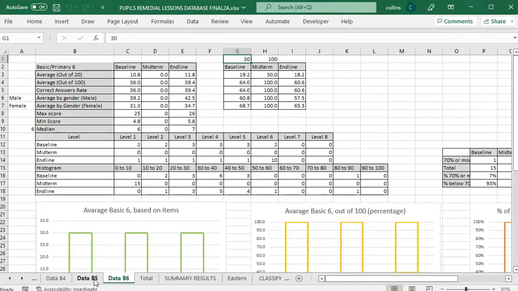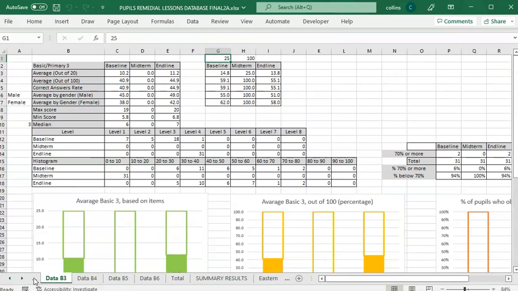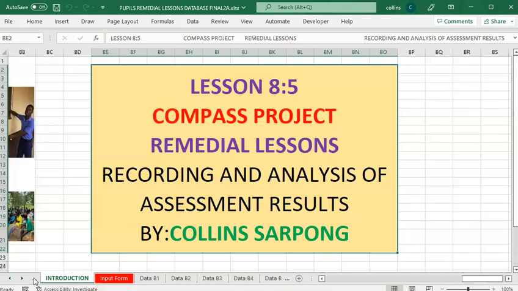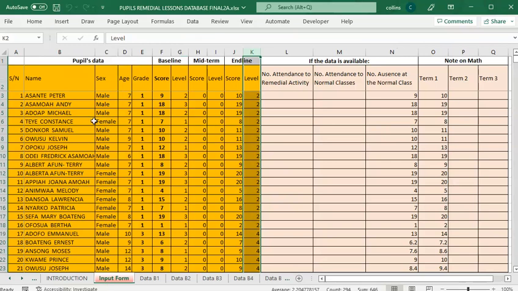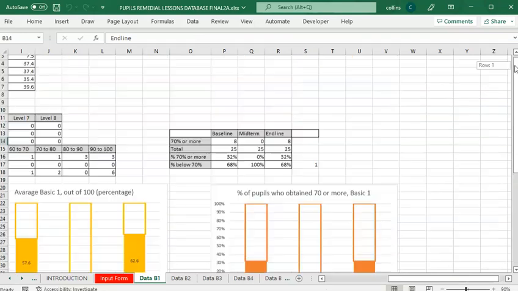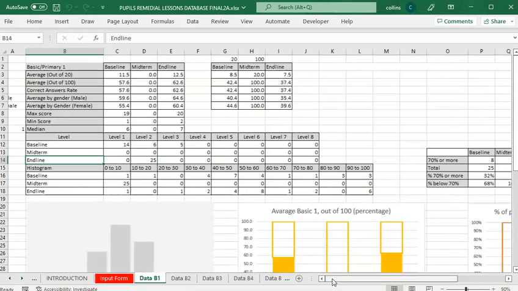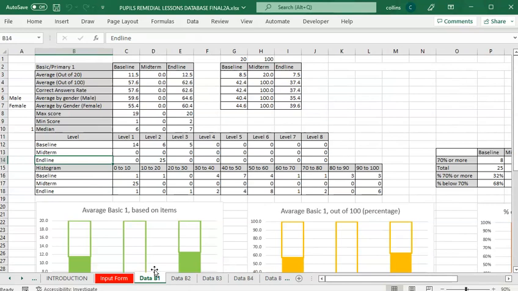So all that you need to do in your school is to enter the assessment records, whether baseline, midterm, or end line. Then you can utilize the information on each of the classes to do your analysis in your school. All right. So the information here gives us a summary for basic 1.